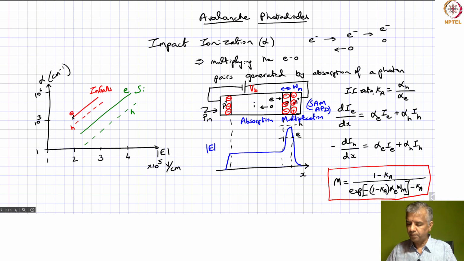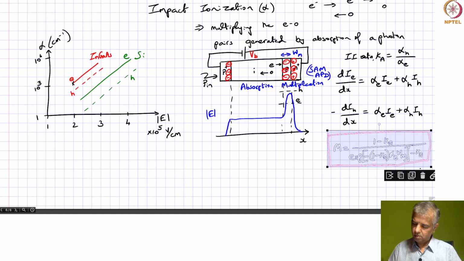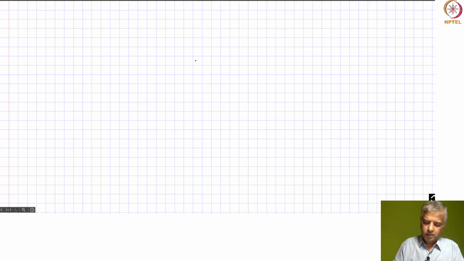So that is the expression for M. Let's look into this in a little more detail, and to do that, let me copy this and go to a fresh page.